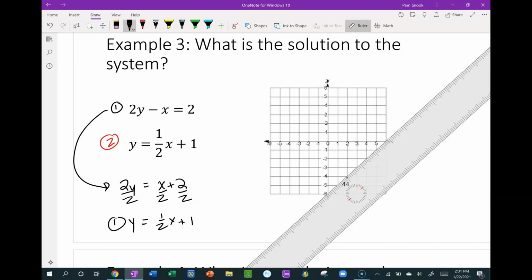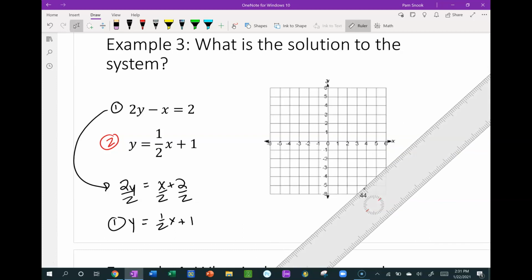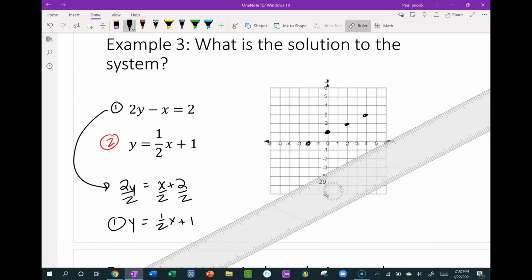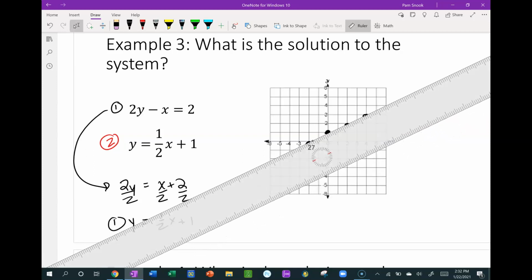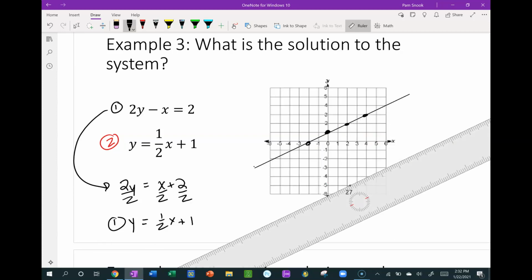So what's going to happen is when I graph these two, they're going to be the same line. So let's graph 1/2 x plus 1. All right, I have some points. And now I'm going to graph the other one, which is also 1/2 x plus 1.